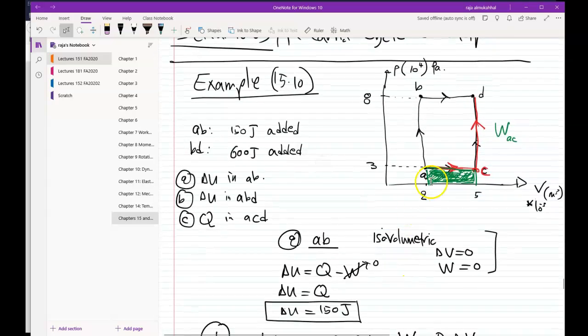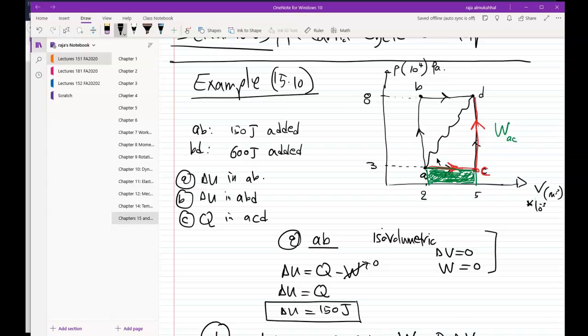The internal energy, okay, this is important. The internal energy is independent of the path. In other words, let's say I'm going to go from A to D, correct? Well, I have two paths. I can go ACD, or I can go ABD, or I can even go any other path. Here is another path if I want to. I can go crazy.